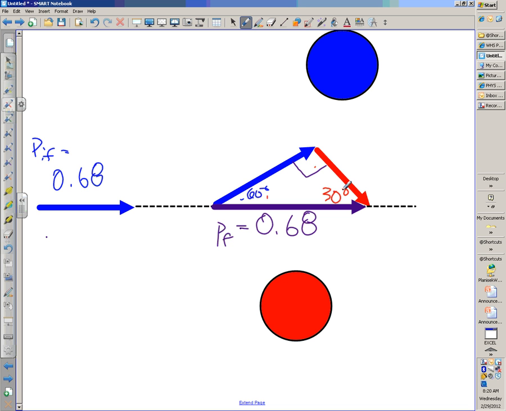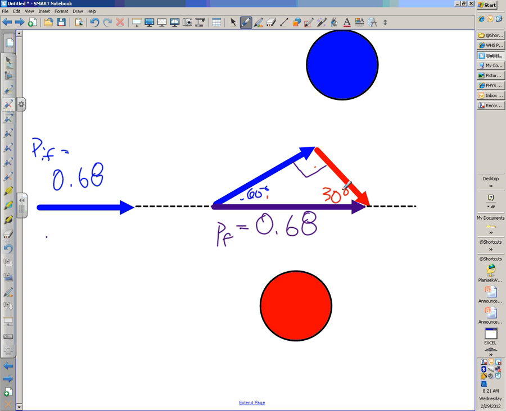What do we have now? What kind of a triangle, Billy? Well, kind of. More generally, Billy, it would be a right triangle, right? And what do we know about that right triangle? The hypotenuse and a bunch of angles inside of it.